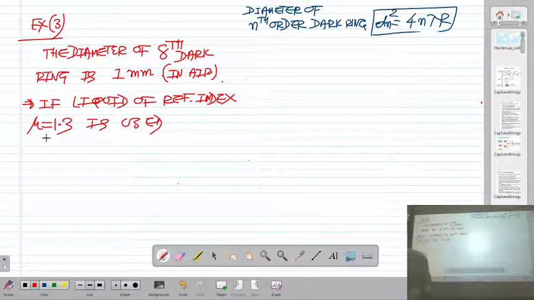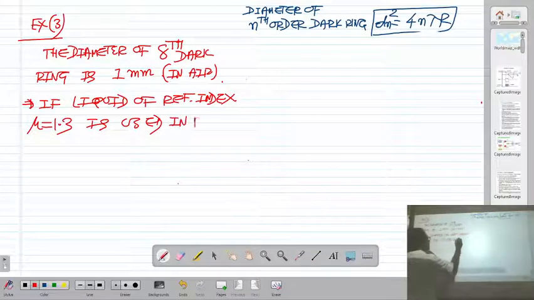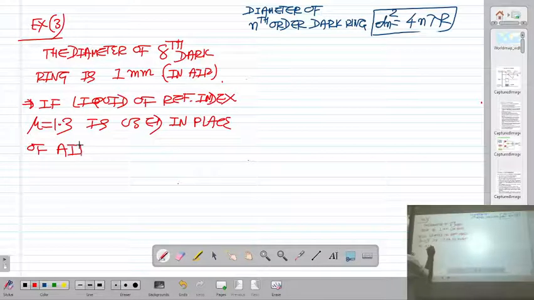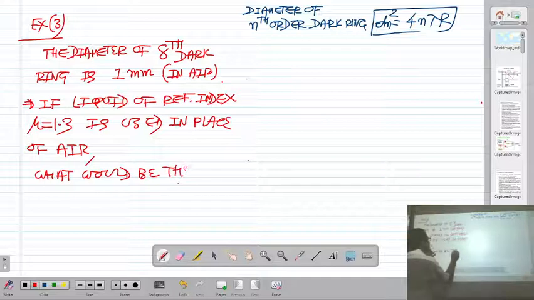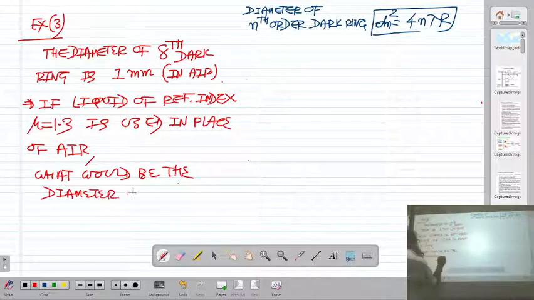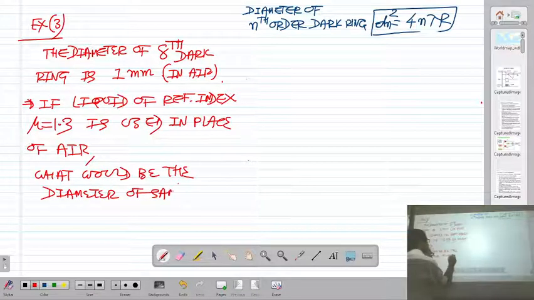So if a liquid of refractive index 1.3 is used in place of air, what would be the diameter of the same ring?